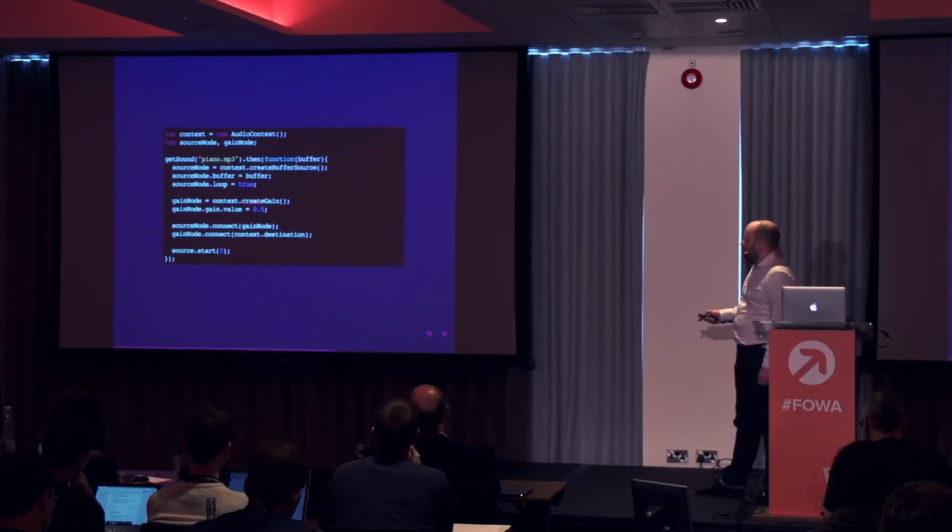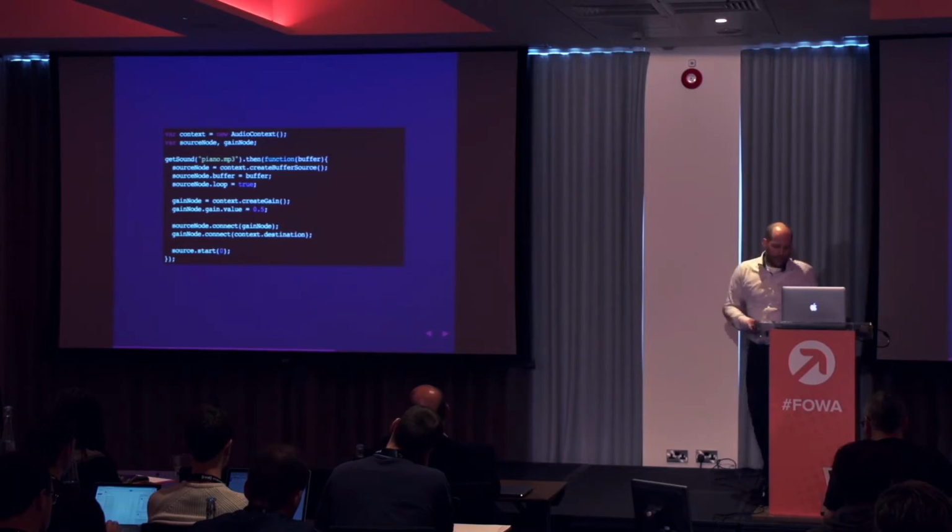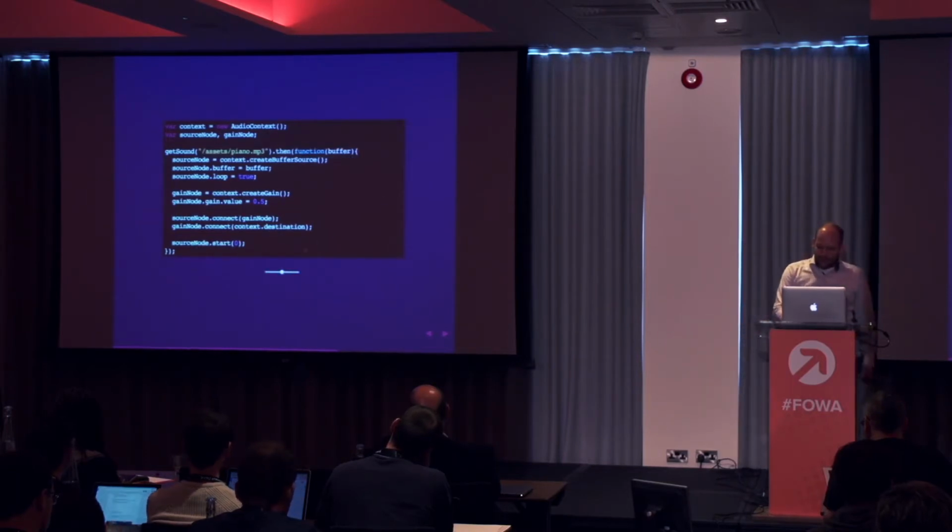So we create a gain on the context, then we say the volume is going to 0.5, like half volume, and we connect the source to the gain and the gain to the destination, and we're going to play it. So here we go, and I have put a little slider here just to demonstrate that it works instantly.